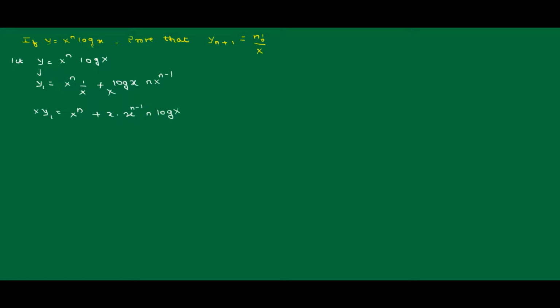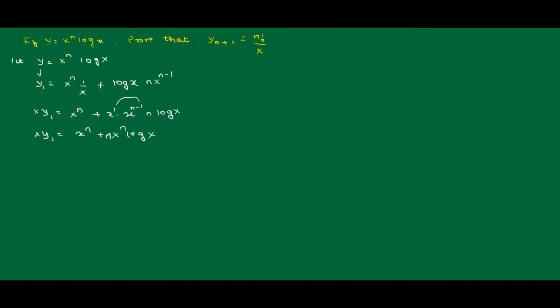I have written at last. So this is xy1 is equal to x raised to n plus, here power of x is 1 plus n minus 1, this minus 1 cancels, again you will get x raised to n only, and then n as it is, that is n into x raised to n log x.